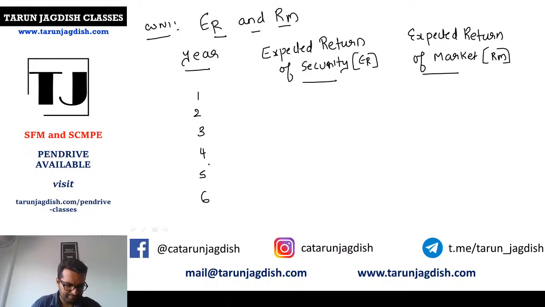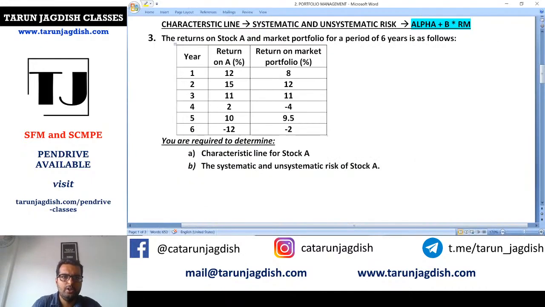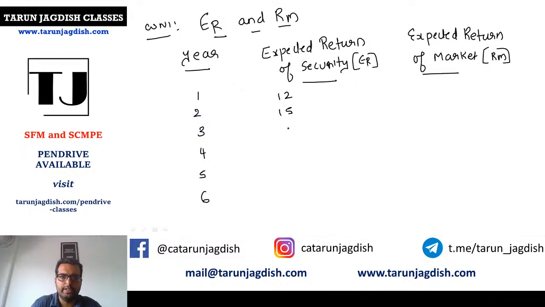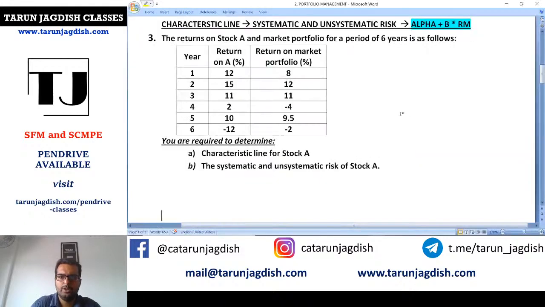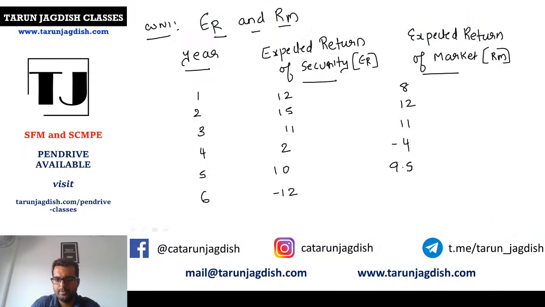Alright. Fine. Now 6 years are there: 12, 15, 11, 2, 10, minus 12. Here it will be 8, 12, 11, minus 4, 9.5, minus 2.